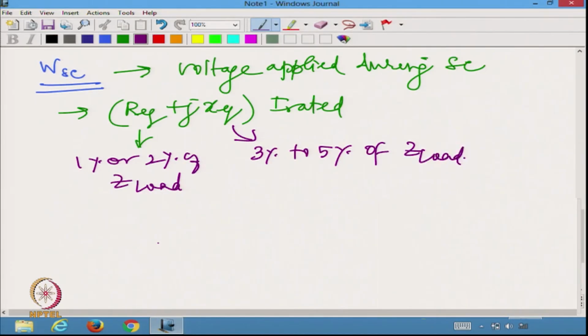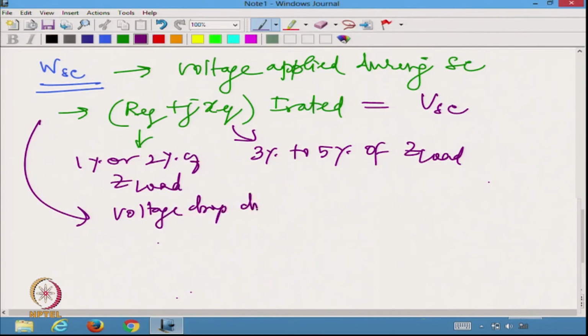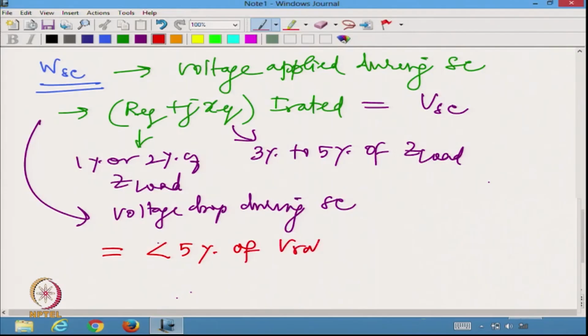So, overall, if I call this VSC, that is the voltage drop during short circuit, this is going to be only about 5% or less than 5% of V rated.